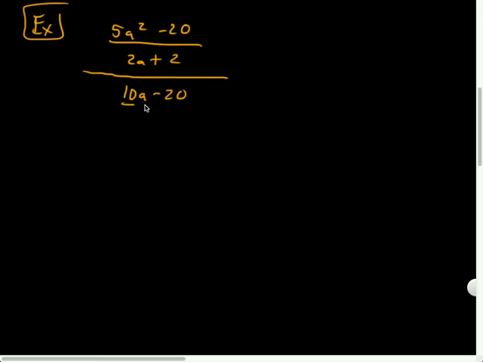Let's do an example. So what if I've got 5a squared minus 20 over 2a plus 2, and then bigger vinculum, right, divided by 10a minus 20 over 4a. So we'll go through the same process of factoring everything we can and trying to cancel stuff out.